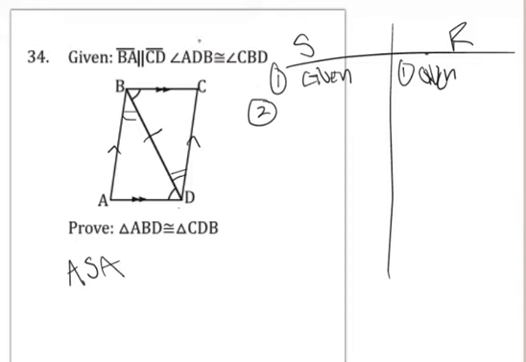One of the angles was given to me right off the bat in that very first step, which is nice. Next, I have to say that line BD is congruent to line BD because they share it, and we know that's true because of the reflexive property.